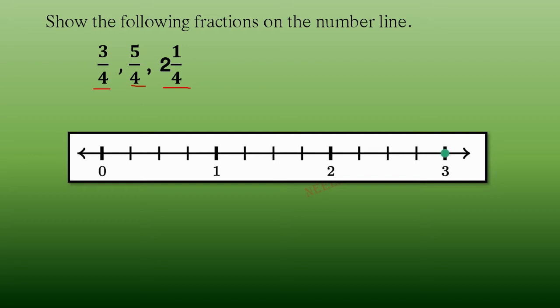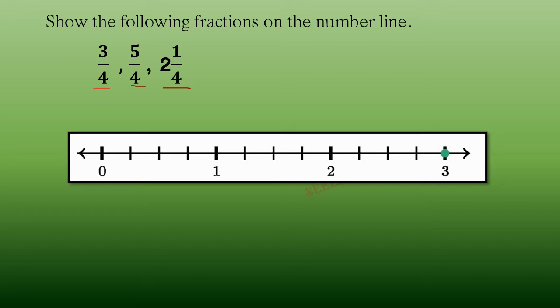Okay. Now the denominator is 4, means each unit is divided into 4 equal parts. So draw a number line, and 0 to 1, 1 unit is divided into how many equal parts? 1, 2, 3, 4. Similarly, 1 to 2, 4 parts, 2 to 3, 4 parts.